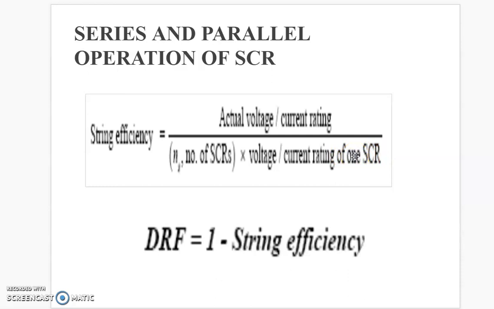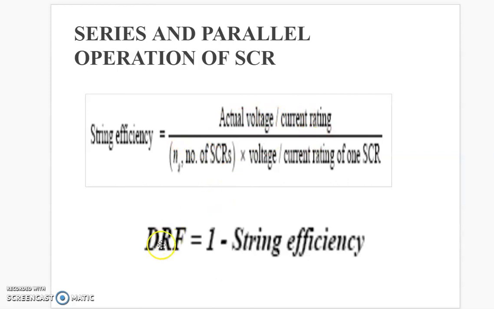If the SCR is rated at 60 volts and the actual voltage given is 240, then we need 3 to 4 SCRs for optimum operation, that is, the string efficiency should be maximum.